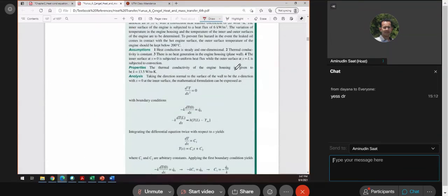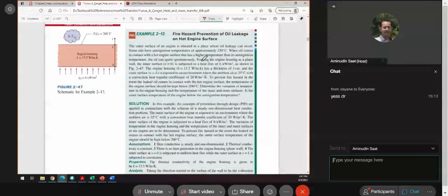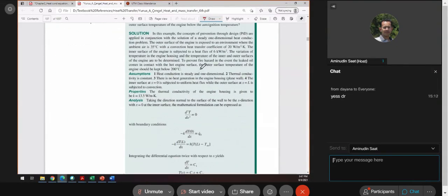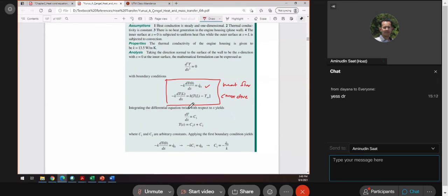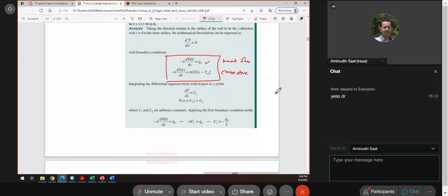This is example 213: this is a heat flux, this is convective. Look how this problem is solved with a convective boundary condition.